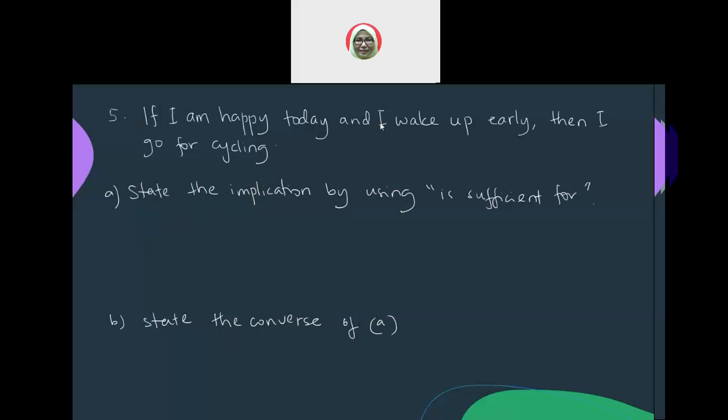Okay, if I'm happy today and I wake up early, then I go for cycling. Alright, that's the given statement. Now question A, state the implication by using is sufficient for.